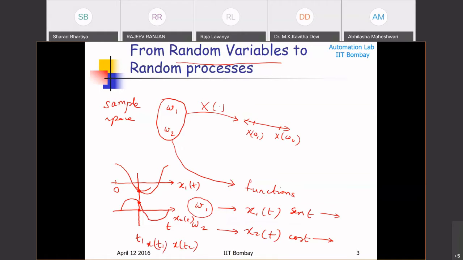So from a random process, you can always go back to a random variable by fixing the time t, and now no longer having a function, but what you have instead is the realization at that fixed time t. Okay. So that is a random process. So essentially a random process is a mapping from the sample space to the function space. However, if you fix the value of time t, then what you get is indeed a random variable.